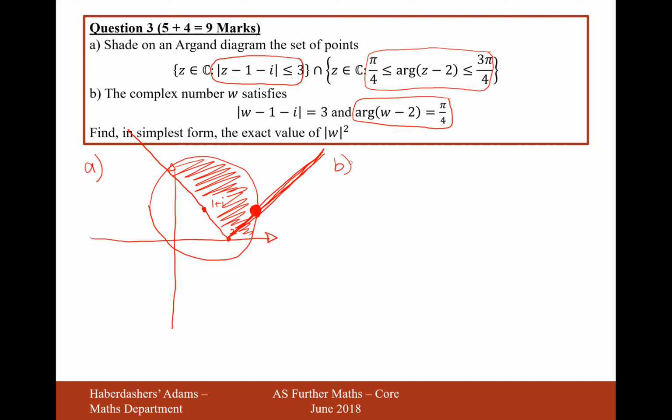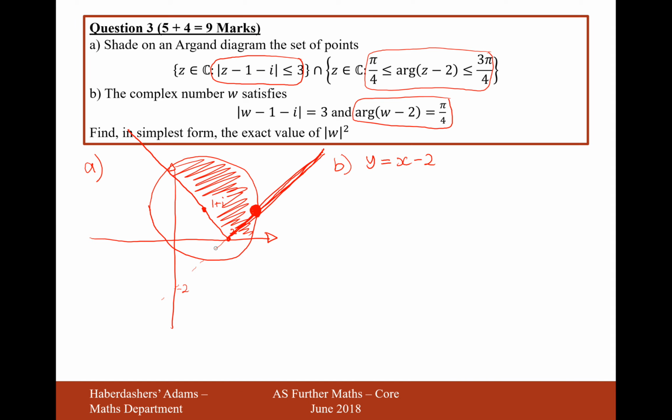Now, this line you could give the equation y equals x minus 2, because it's exactly a diagonal up to the right, right by 1, up by 1, and if you track it backwards down to here, it's going to have an intersection of minus 2 on this axis. So the line is y equals x minus 2.